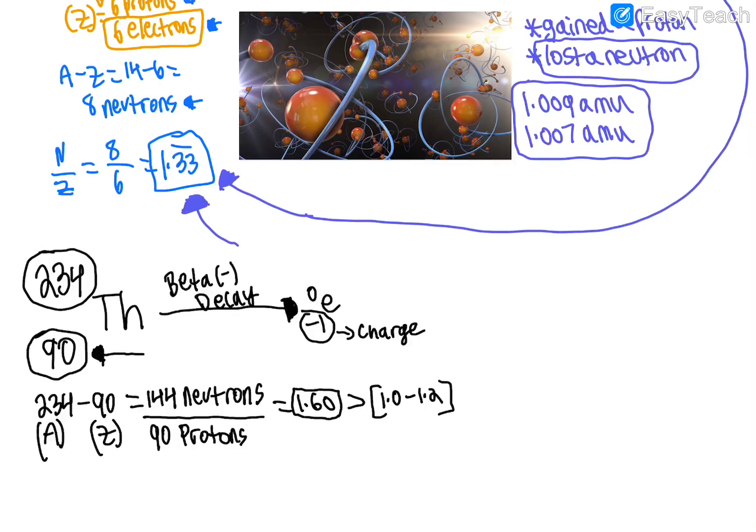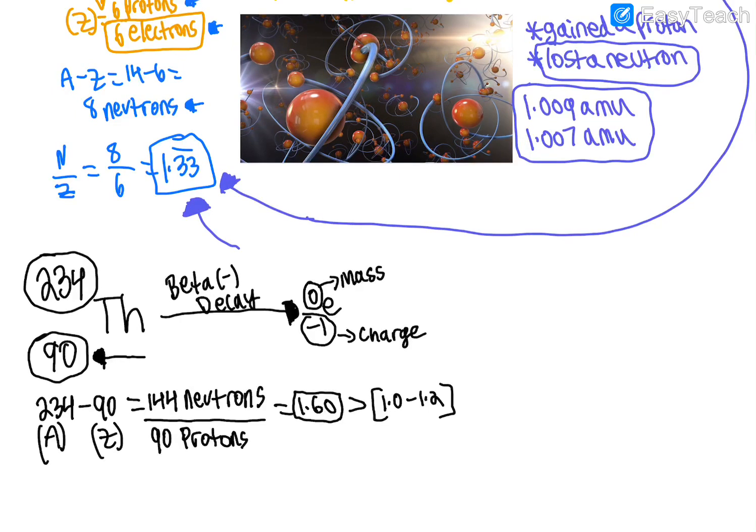And the top number represents the mass of an electron. The reason why it says 0 is because it's very close to 0. The actual mass of an electron in atomic mass units is about 0.0005 atomic mass units. So we can see that's very close to 0.